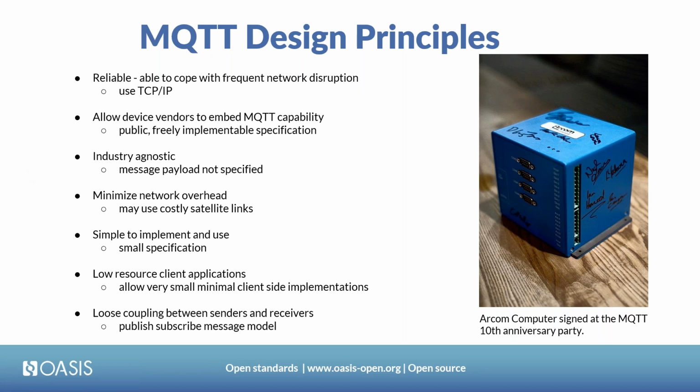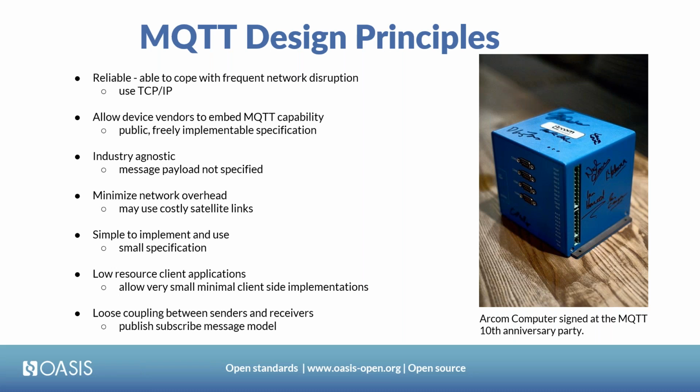It needed to be reliable for those satellite links and remote locations. Rather than reproduce the reliability characteristics of TCP/IP, it was decided to use TCP/IP itself. It needed to be industry agnostic, so for that reason, the message payload was not specified. You can put in any data that you like.